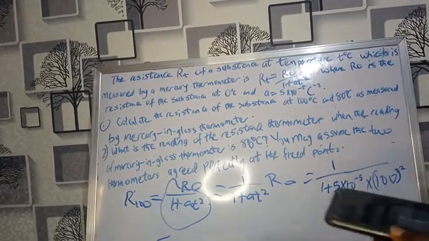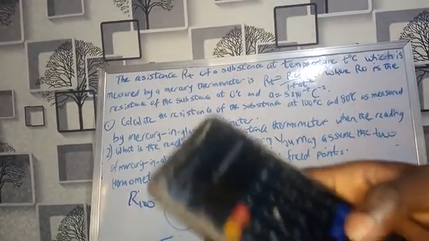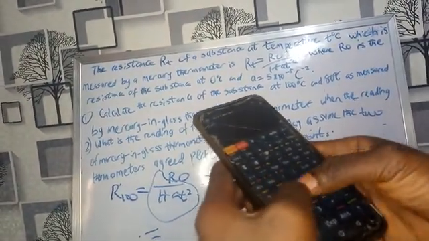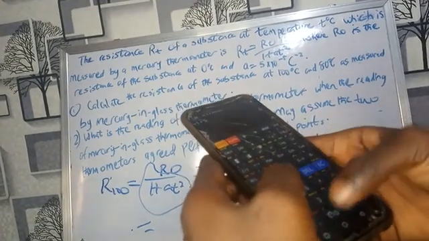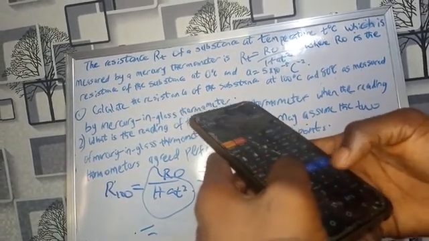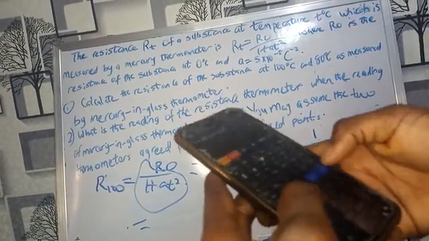Since the exam is OBJ, all you need to do is put it in your calculator: 1 plus 5 times 10 exponential minus 5 times 100 squared. Now this is it. So take the inverse of this.